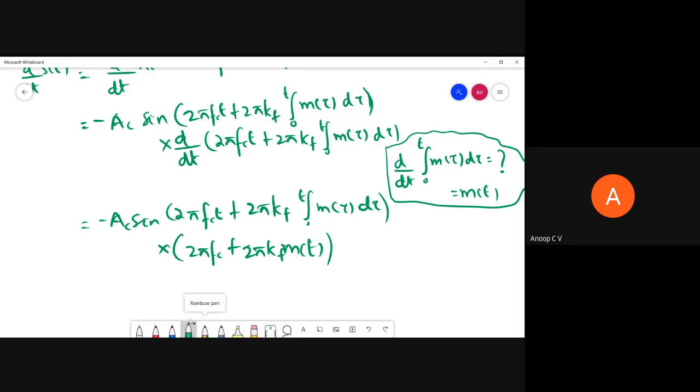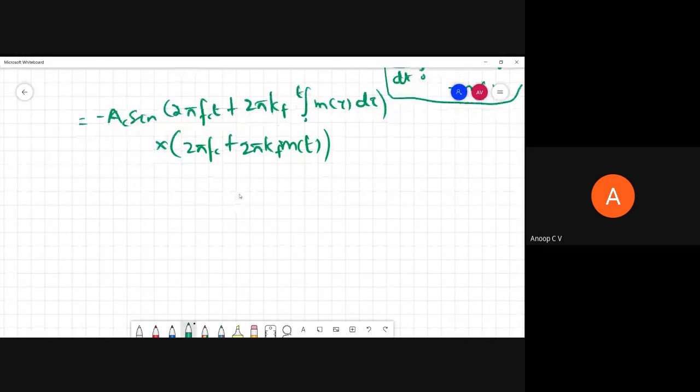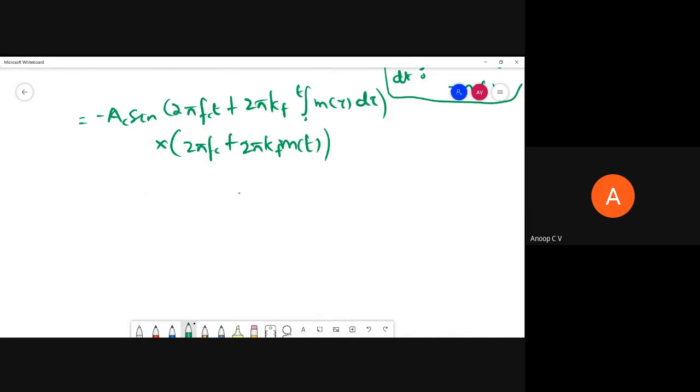Now I can rearrange it slightly so that it looks like an AM signal. I'll take all the envelope part. What do we mean by the envelope of a sinusoid? The envelope of a sinusoid is nothing but its amplitude part.